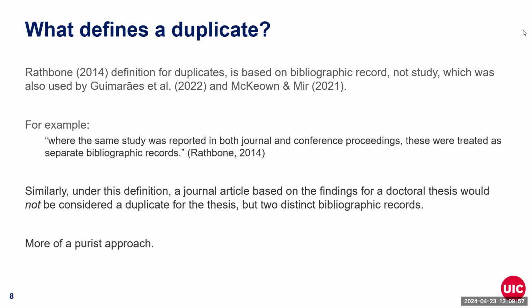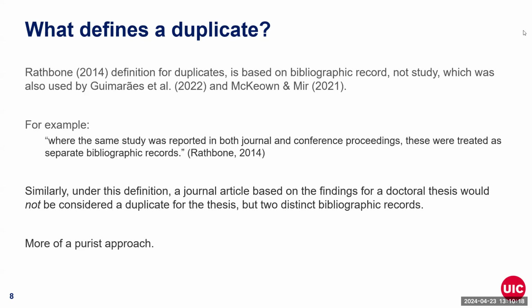What that means is, for example, if you had a conference proceeding and then a journal article that were about the same study, those would be considered two distinct records and not duplicates of each other, even though they're providing information on the same study, because they are two different bibliographic records.